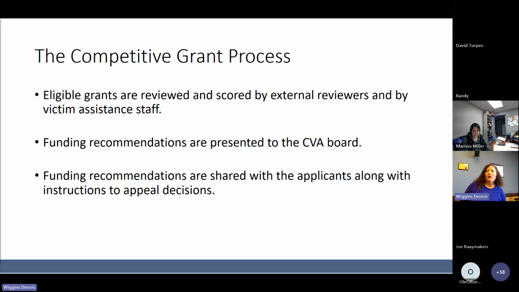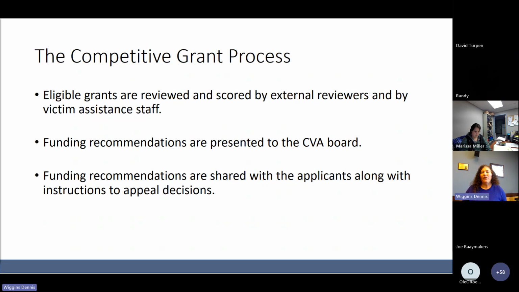Then we are able to print off copies of the scores, run reports, and give people their feedback if they request it. But the reviewers are always anonymous. We tell people, if you review a grant, nobody will know who you are unless you tell them. But our funding recommendations are shared with our applicants along with the instructions. And okay, we have to go to our board.